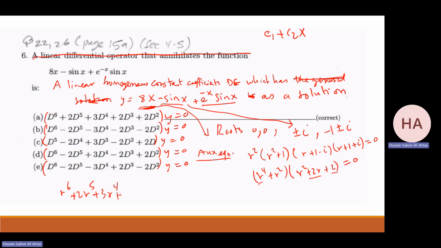So I have plus 2r cubed. r squared, I have r squared times 2. That's it. So I have plus 2r squared. And that will be the auxiliary equation. So it will be the differential equation, the sixth derivative, the fifth derivative, 3, the fourth derivative.